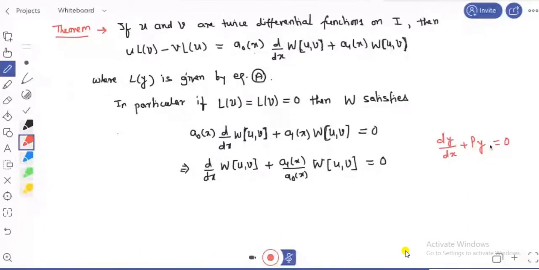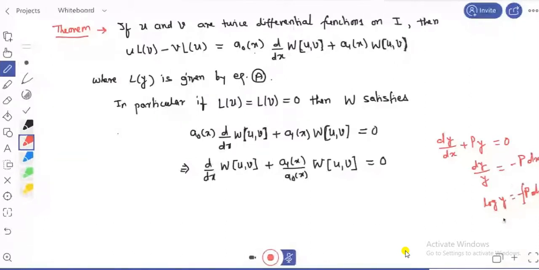Okay, so this is your problem. Here you can solve this by linear equation, because this q term is 0, or you can solve this by variable separable. This is dy over y equals to minus p dx. So if we integrate both sides, log y equals to minus integral of p dx.